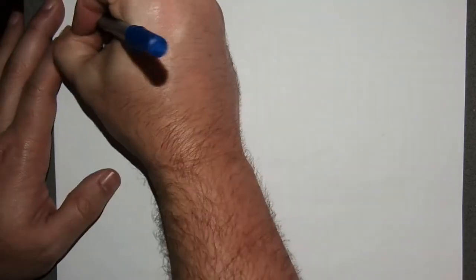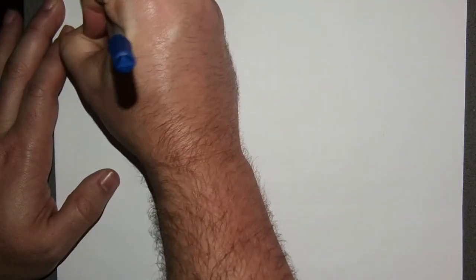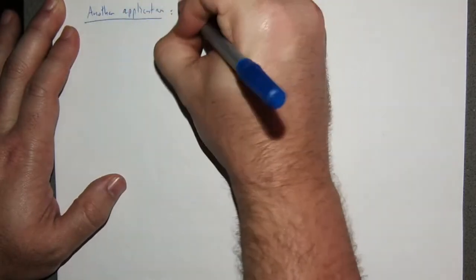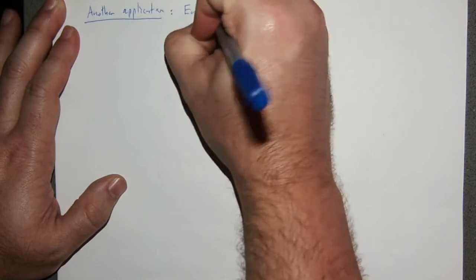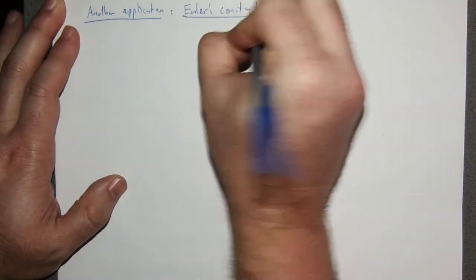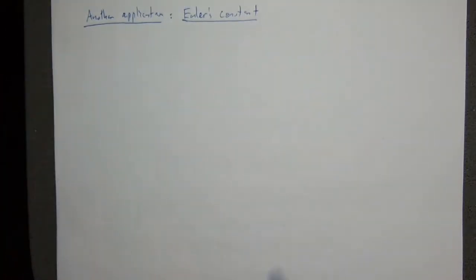So another application, just because it's interesting, is an estimate on Euler's constant. So don't confuse this with Euler's number. Sometimes it's also called the Euler-Mascheroni constant or Euler-Mascheroni number. What this number essentially tells you is the growth of the natural log.